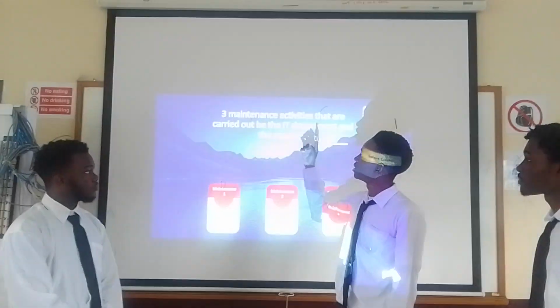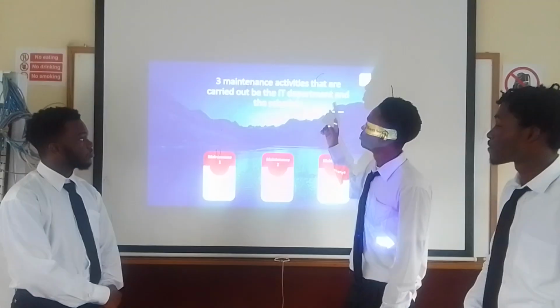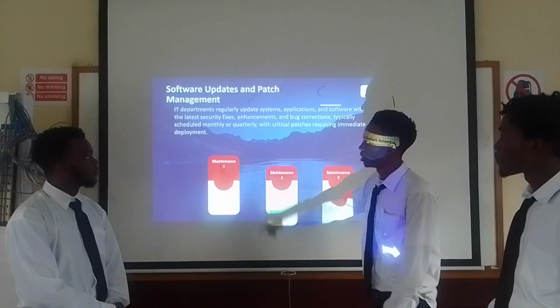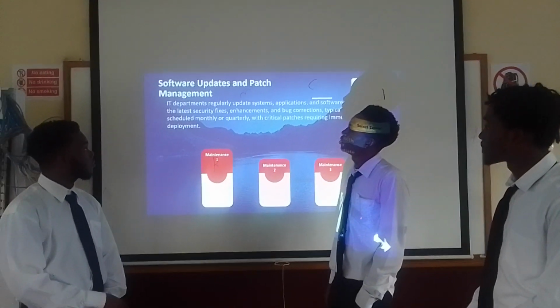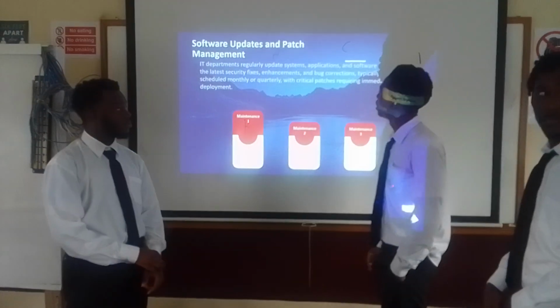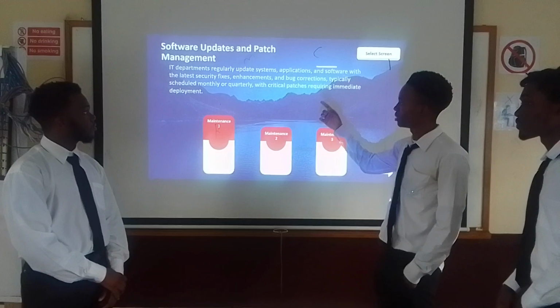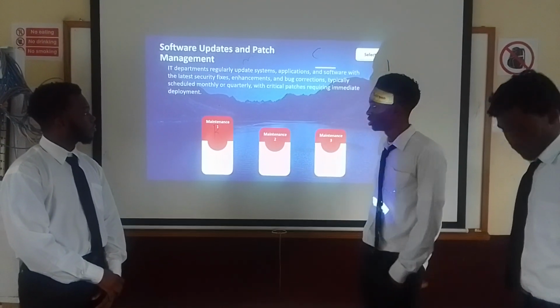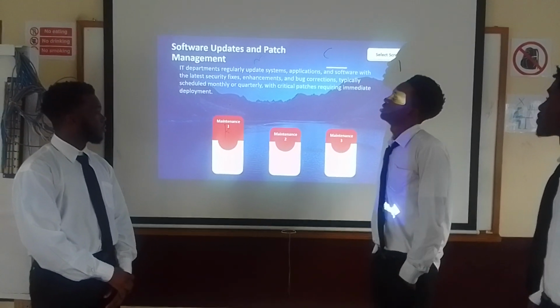Key maintenance activities that are carried out by the IT department and the schedule. Software updates and patch management. IT departments will update systems, applications, and software with security fixes, enhancements, and bug corrections, typically scheduled monthly or quarterly, with critical patches requiring immediate deployment.